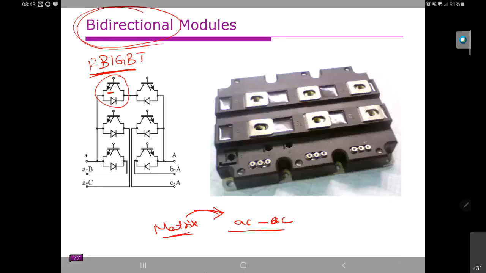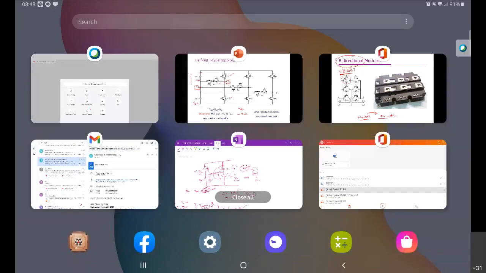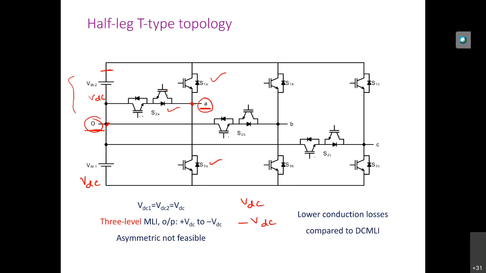Okay, we come to our actual discussion. This is what we are discussing. If we want 0 voltage, we need to turn on this bidirectional switch. Depending on the current direction, either this IGBT will conduct along with this diode, or this IGBT will conduct along with this diode.